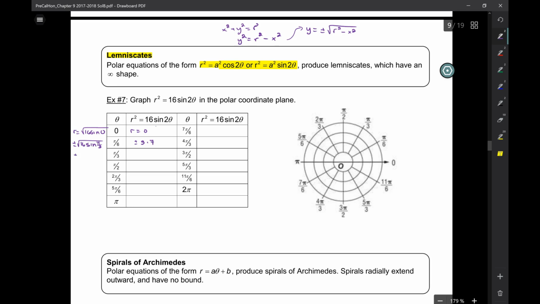Here, we're going to do 16 sine 2 pi over 3. How does the value of the sine compare for pi over 3 and 2 pi over 3? They're the same, right? So 3.7.